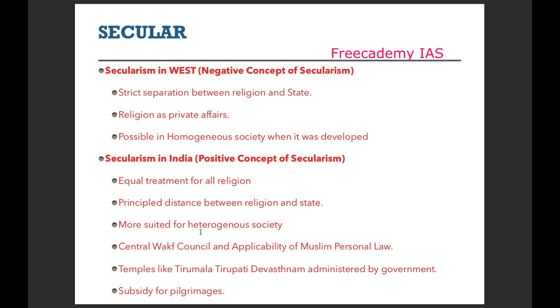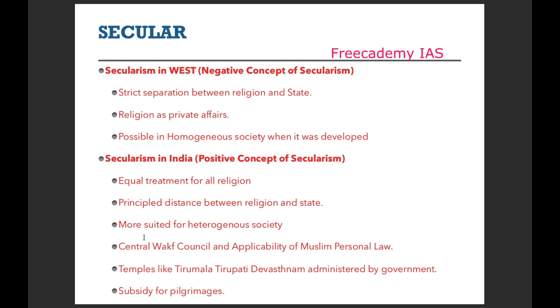So basically, this model is helpful for a heterogeneous society. For example, if you see the Central Waqf Council, it is a statutory body. It is an organization which has been established by the Parliament of India, and which maintains regulation over Waqf property.